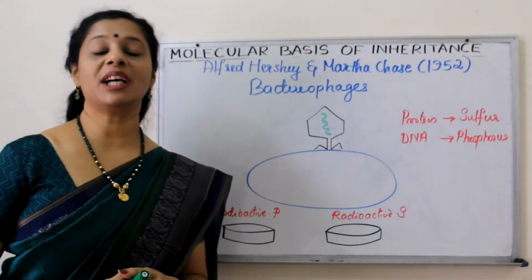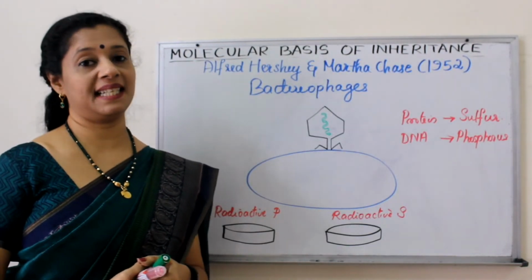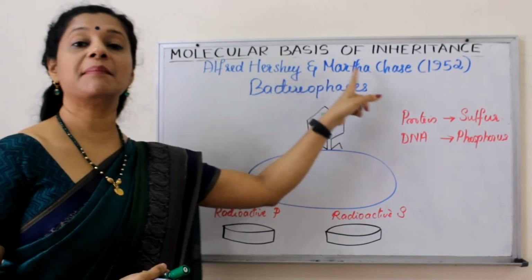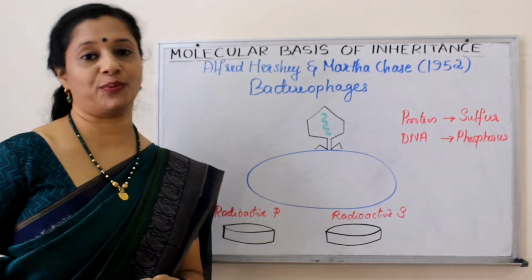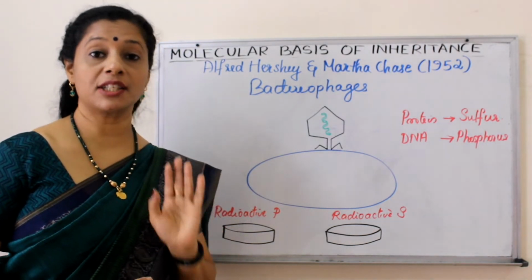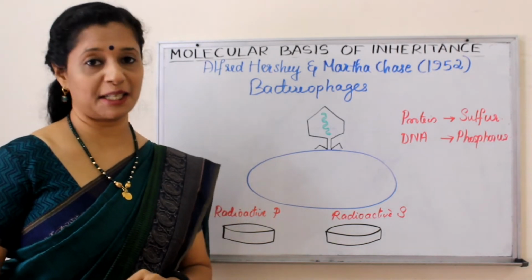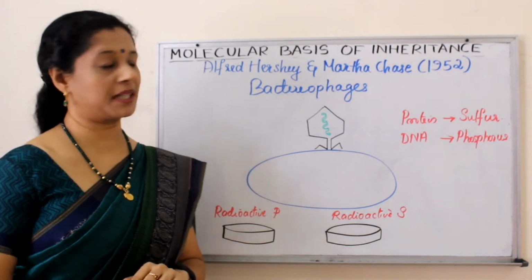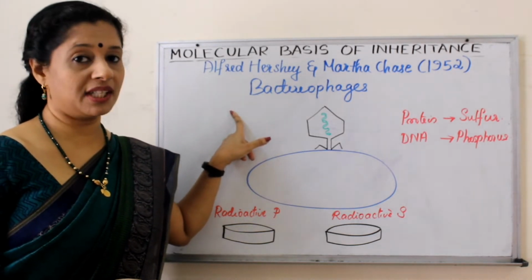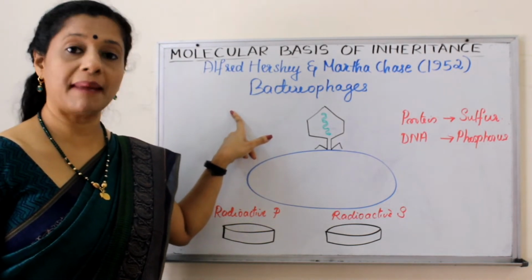The unequivocal proof that DNA is the genetic material came from the experiments done by Alfred Hershey and Martha Chase in the year 1952. After this, no experiment was done in this field just to find out whether DNA is the genetic material. This was a confirmational experiment. They used bacteriophages. Bacteriophages are viruses that attack bacteria.